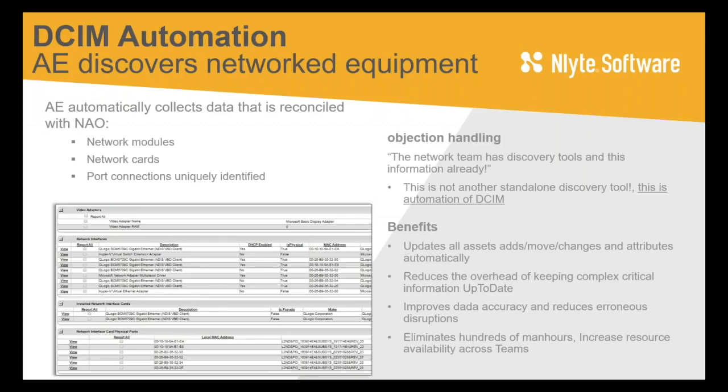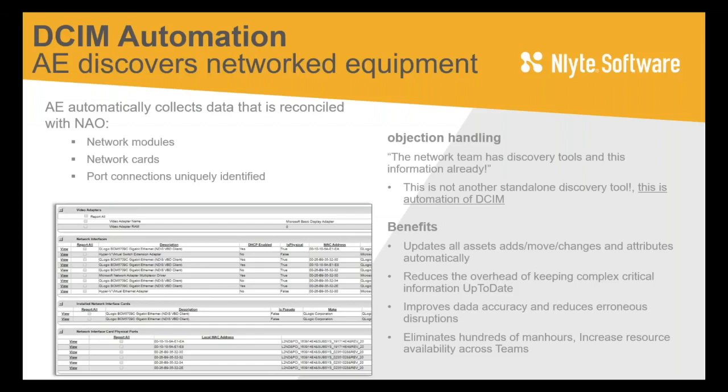It'll bring back a raft of information. DCIM doesn't need it all. DCIM only needs parts, but it will have a huge amount of information, firmware, memory slots, all sorts of details around that piece of hardware. It will store inside itself. So Asset Explorer has a huge amount of data that it's found, and then part of that data is sent over to DCIM for the automation.